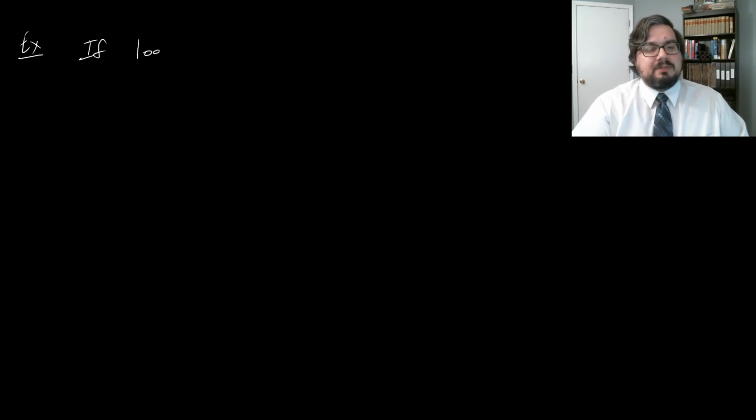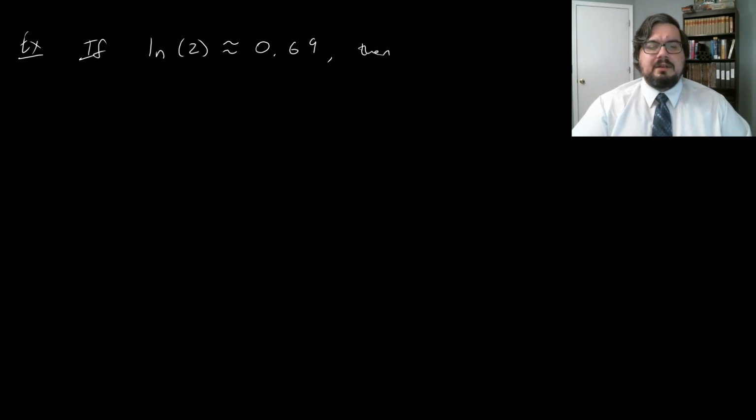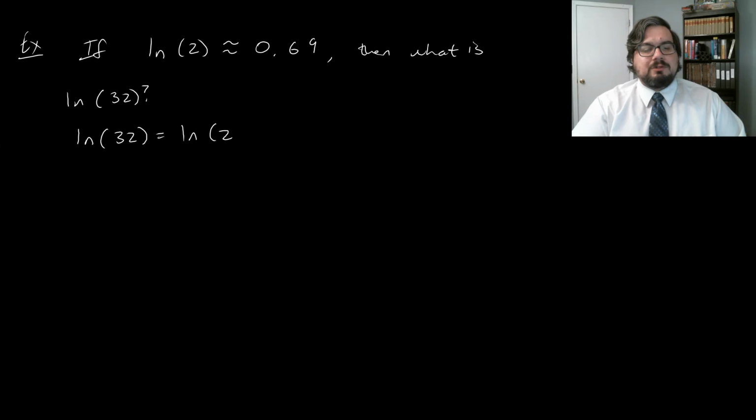So if the natural logarithm of 2 is approximately 0.69, and it turns out it is, then what is the natural logarithm of 32? Well, we can do this using the power rule, because the natural logarithm of 32 is equal to the natural logarithm of 2 to the 5th. 32 is 2 to the 5th. Now, this power 5 here, we can bring down in front.